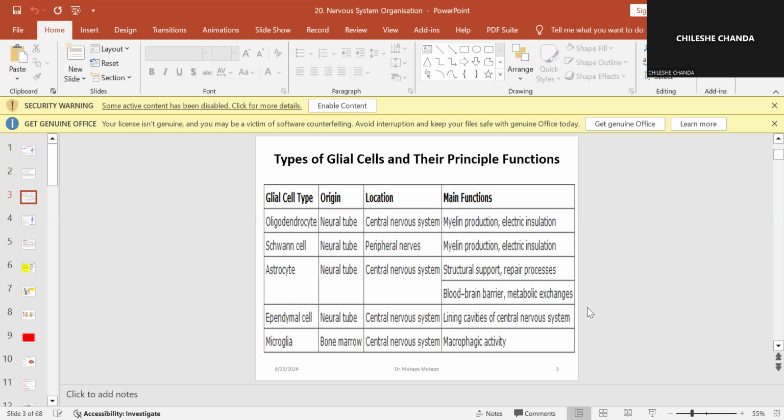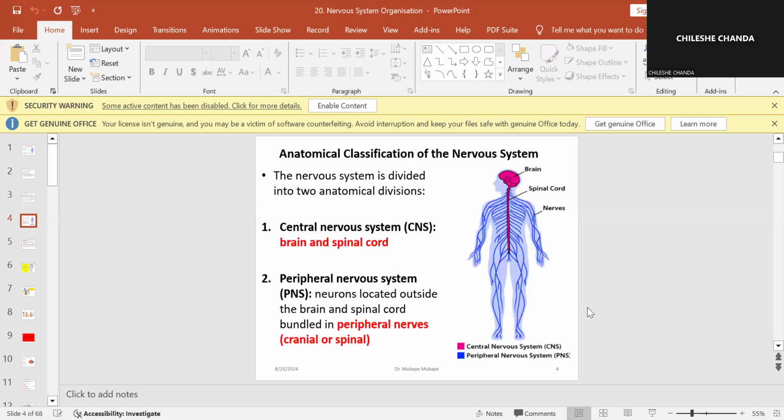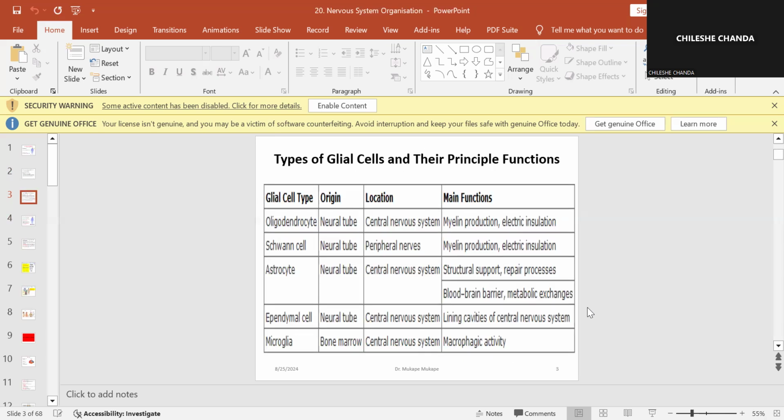Now the glial cells are further divided according to their function and shape, and so they have different names. Some of them are found in the peripheral nervous system, others in the central nervous system. First of all, we have the oligodendrocytes.